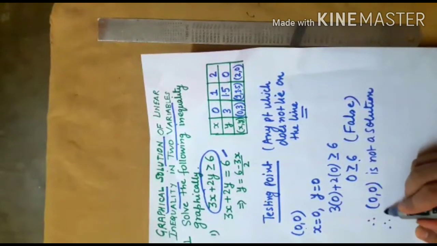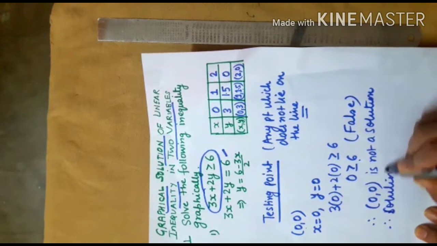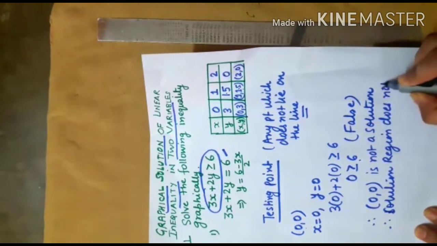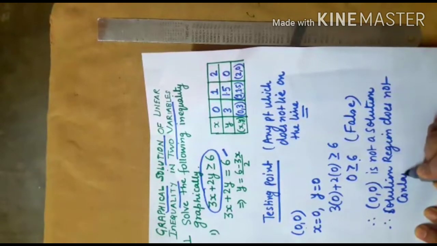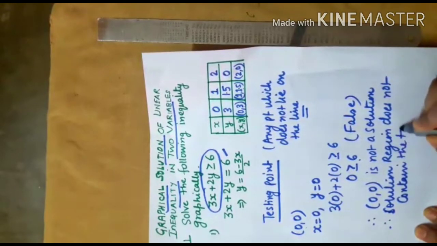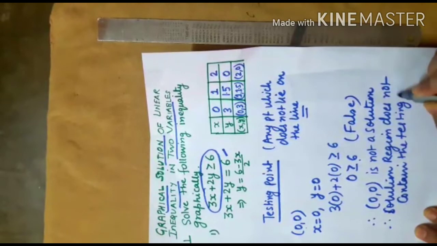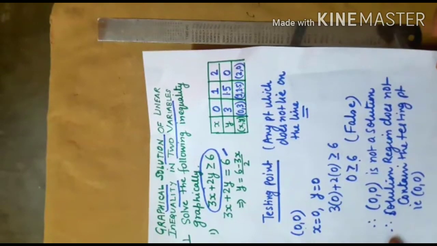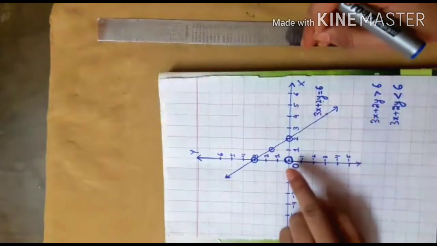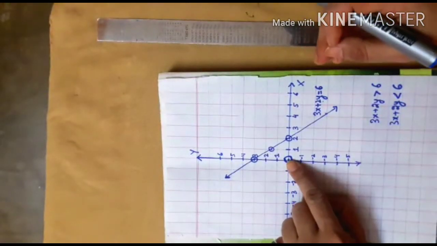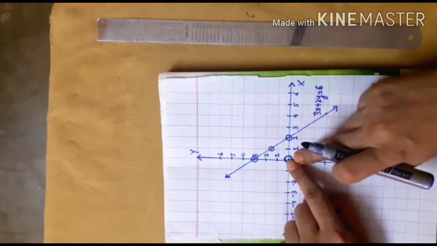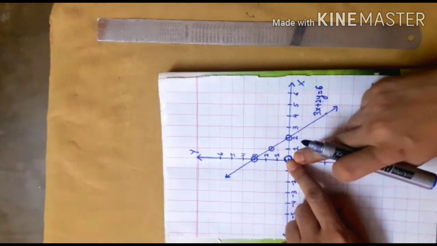So therefore, the solution region does not contain the testing point, that is 0, 0. Yes, this is our testing point 0, 0, and we have checked that 0, 0 does not satisfy the given inequality.